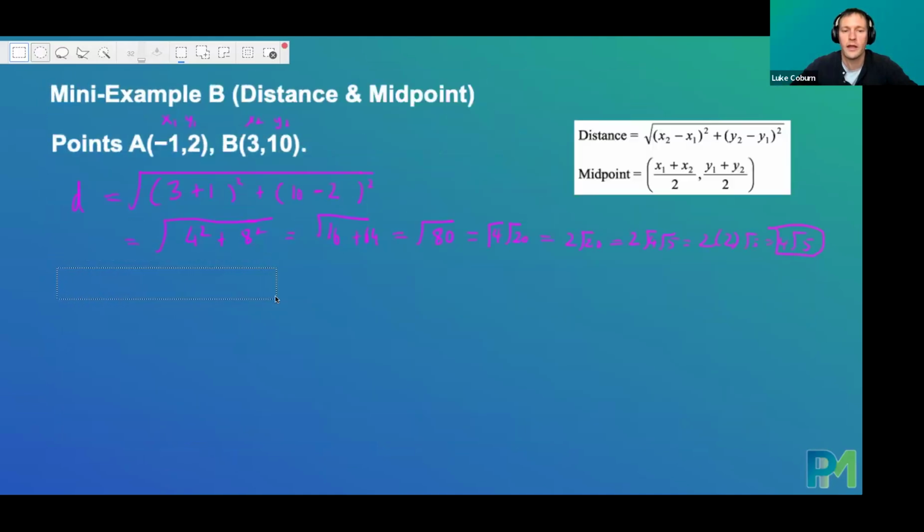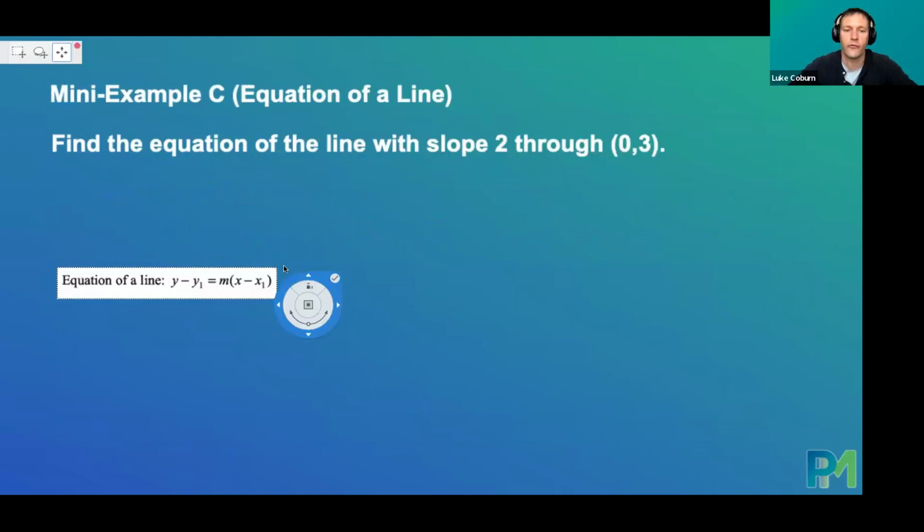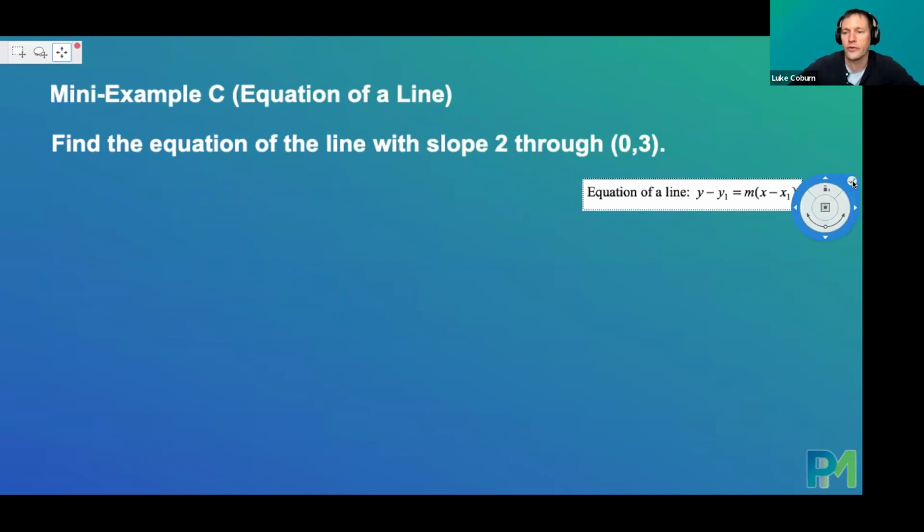You're asked a question, you have to go recover the formula. So m is equal to 2, and then x1, y1. So y minus y1 is y minus 3 is equal to m, which is 2, times x minus 0. So y minus 3 is equal to 2x. So y is equal to 2x plus 3.